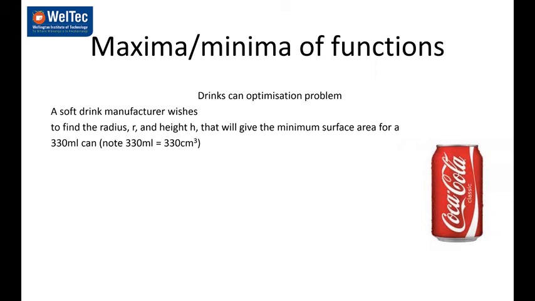You end up finding that the diameter is the same as the height. You end up finding that the radius is 3.74 and that the height is exactly twice that, 7.49.